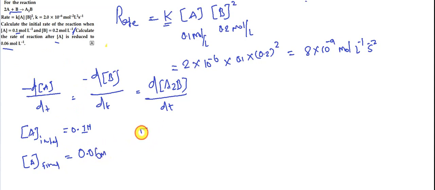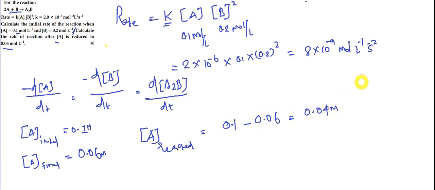So the amount of A reacted we can calculate from here. The amount of A reacted can be calculated from initial minus final, 0.1 minus 0.06, that is equal to 0.04 M.